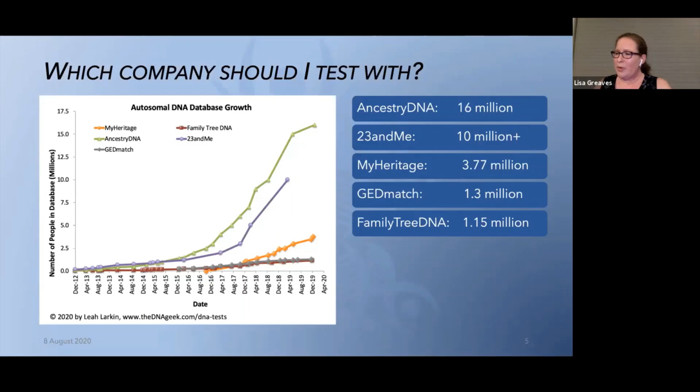Some other reasons why I prefer Ancestry are, in addition to being the largest database, for me personally, I often work with other people's DNA. In other words, it's not just my kits, I'm working with other people's DNA. And Ancestry allows you to assign a viewer to your DNA kit.